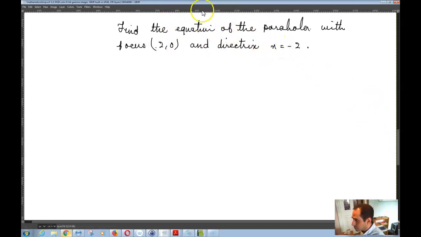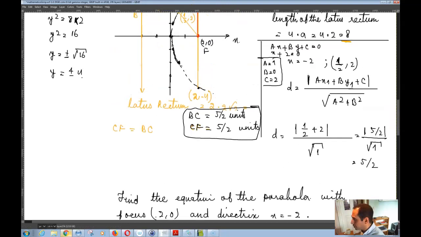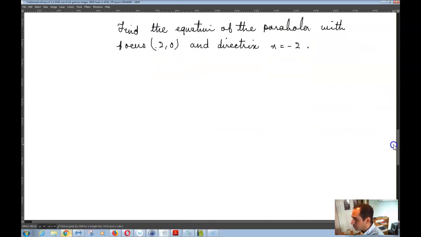This parabola is exactly the parabola that we had over here: focus (2, 0), and directrix at x is equal to -2.